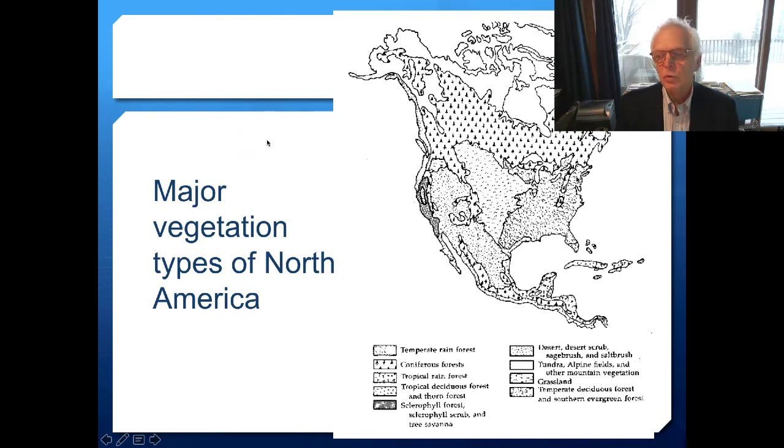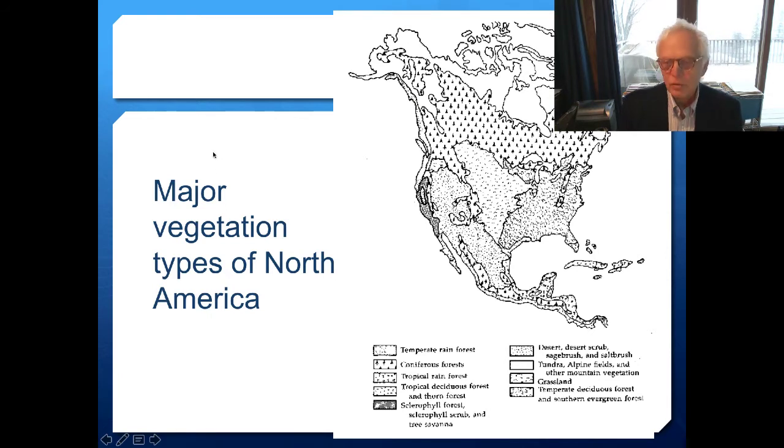We have deciduous forests here covering, or originally covering, a lot of eastern North America, dry grassland areas here, more desert shrub kinds of communities here, and so on.